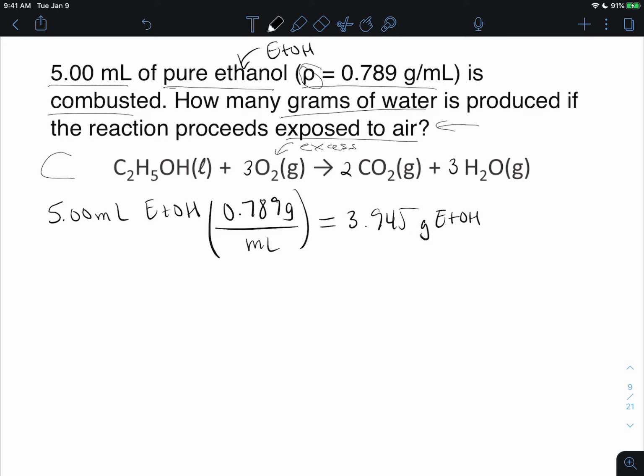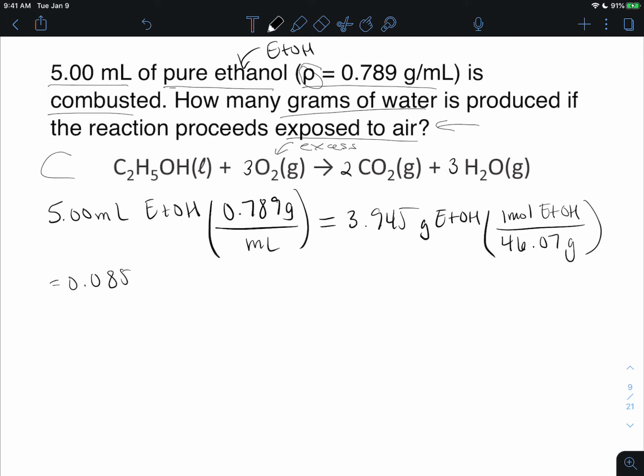And then we can use our molar mass of ethanol to go from grams of ethanol into moles of ethanol, where 1 mole of ethanol has a molar mass of 46.07 grams. So we'll take that 3.945, divide it by 46.07, and this gives us 0.0856 moles of ethanol.